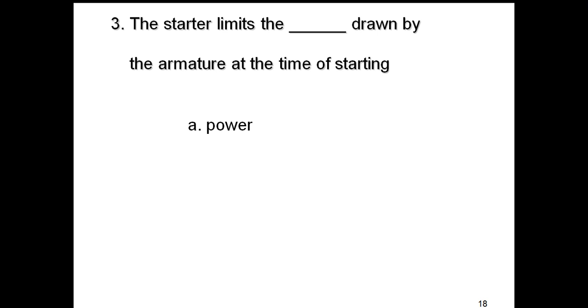Option A is power, option B is voltage, and option C is current. Yes, the starter limits the current.